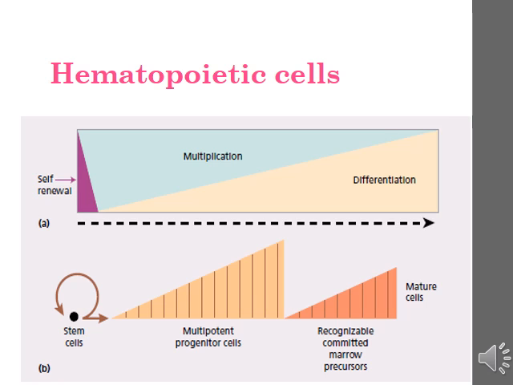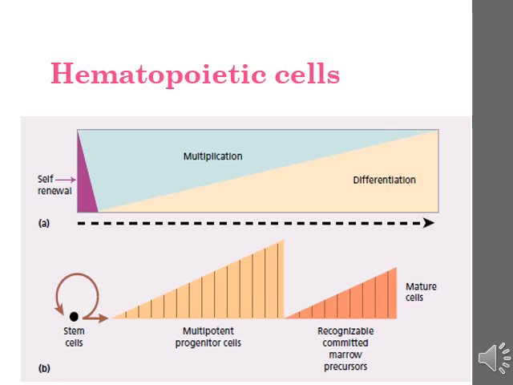Here you can observe a diagram in which you can observe a few important phenomena. In the upper graph, after self renewal of cells, you can observe multiplication increases. Initially multiplication is greater than differentiation, and with the passage of time more cells multiply, and after multiplication move into differentiation.